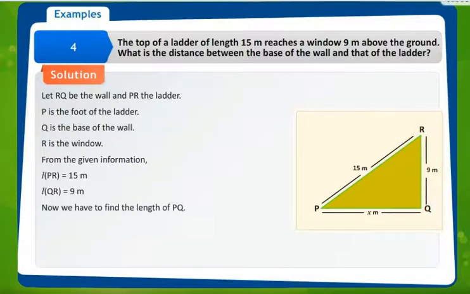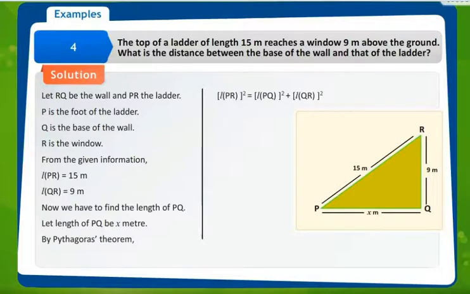Now we apply Pythagoras theorem to find length PQ. Let the length PQ be x meter. So based on Pythagoras theorem, length of PR square is equal to length of PQ square plus length of QR square, which is equal to 15 square, which is equal to x square plus 9 square.